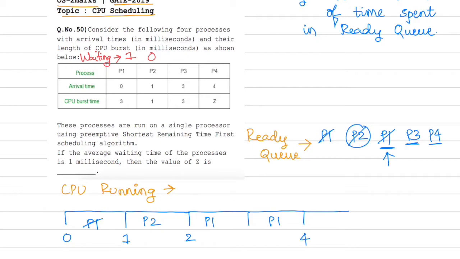Now, as we know, the question says that the average waiting time of the processes is 1 millisecond. Which means the summation of all the waiting times should be equal to 4. If the summation of all the waiting times of P1, P2, P3, P4 is 4, then I will do 4 divided by 4 and the average will become 1.